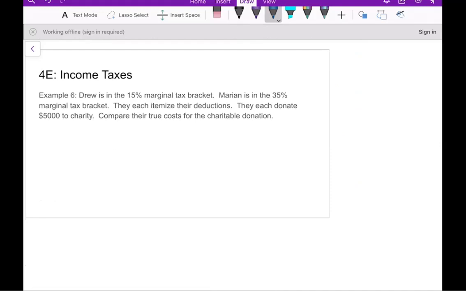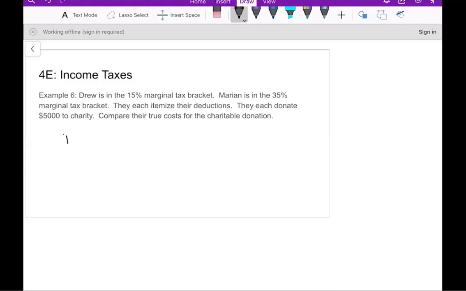Okay, now in this next example, we have that Drew is in the 15% marginal tax bracket and Marion is in the 35% marginal tax bracket, and they each itemize deductions. Now, they each donate $5,000 to charity, and we want to compare the true cost of the charitable donation, right? So let's take a look at this.